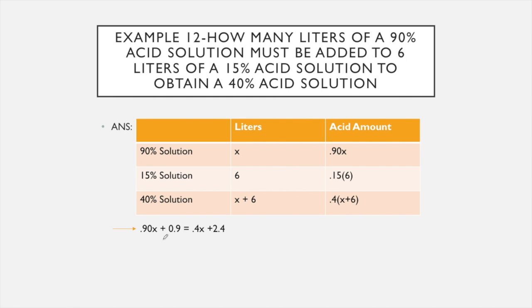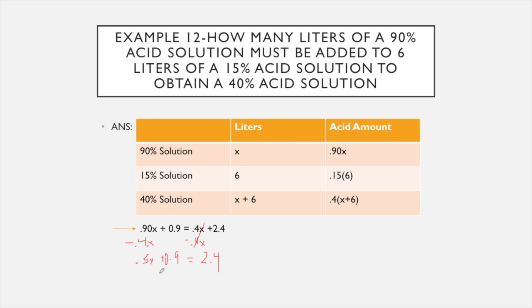So from here, now we're back to, can you solve an equation with the variable on both sides? So I could subtract that 0.4x from both sides. So this would go away. Over here, I'd get 0.5x plus 0.9. So we have a 0.5x. We're adding this thing.